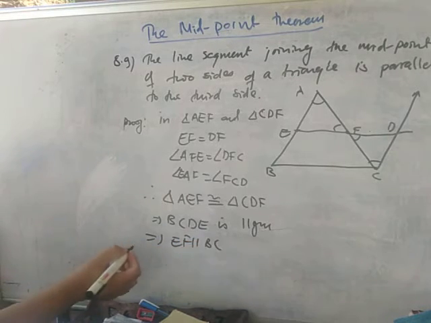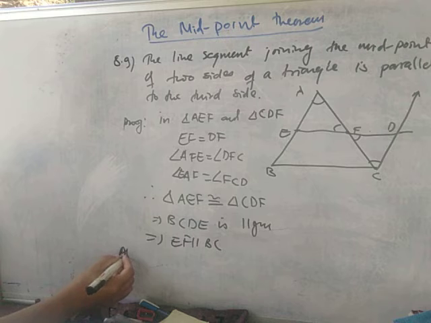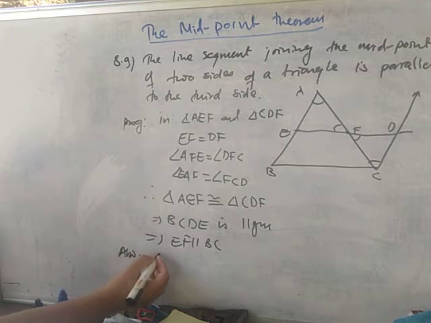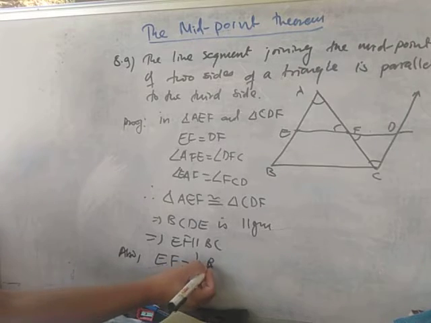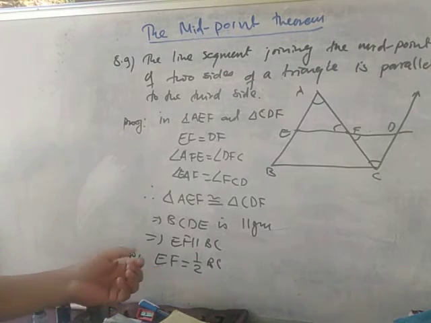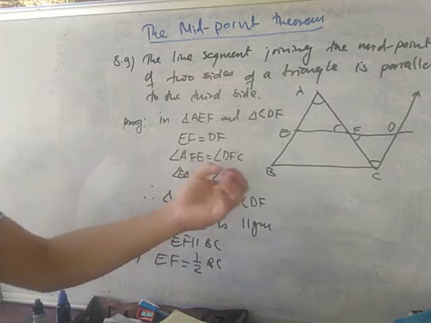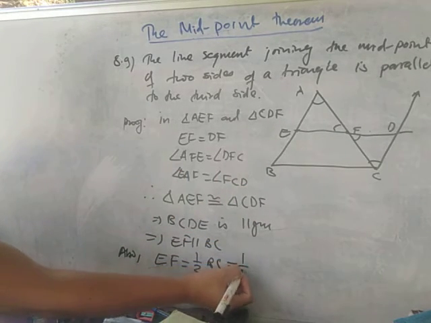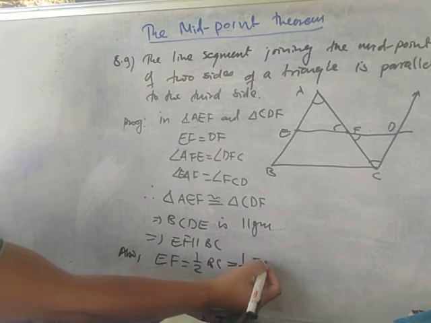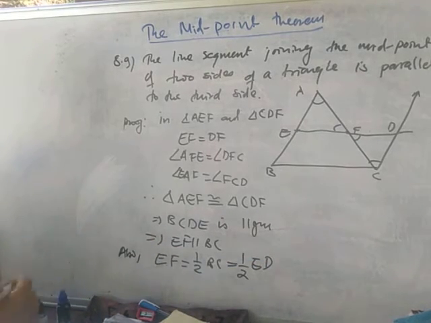Also you can write EF should always equal half of BC. You should remember this: EF equals half of BC, or you can write half of ED. So this is the midpoint theorem.